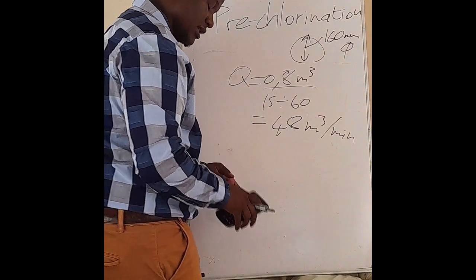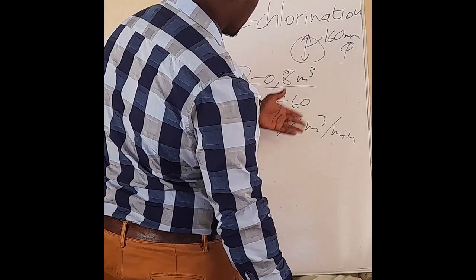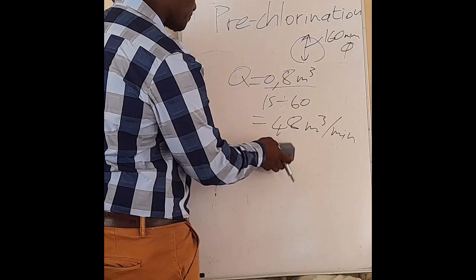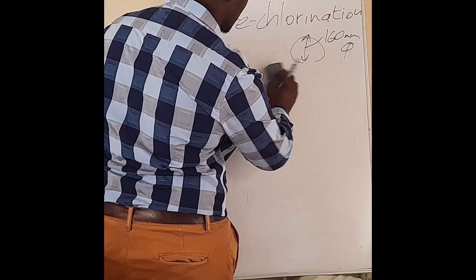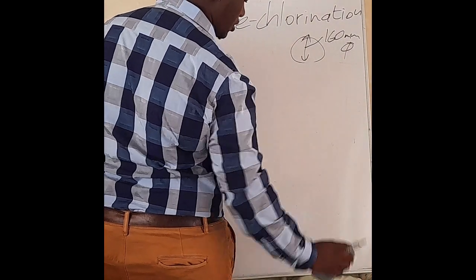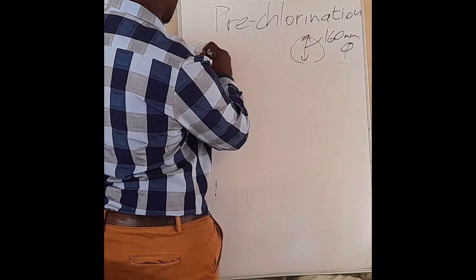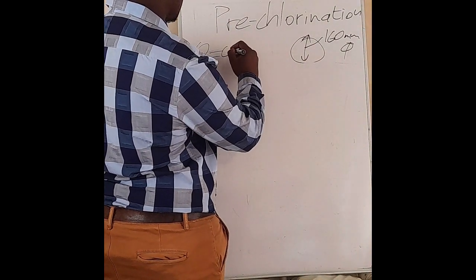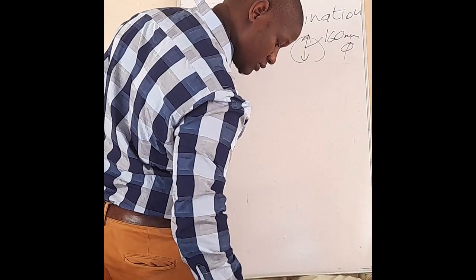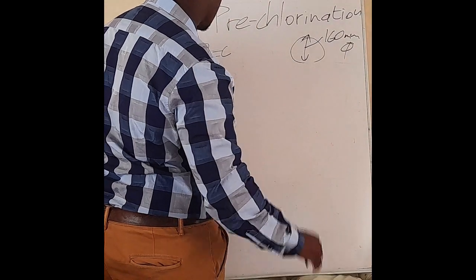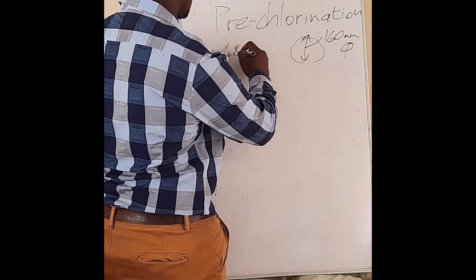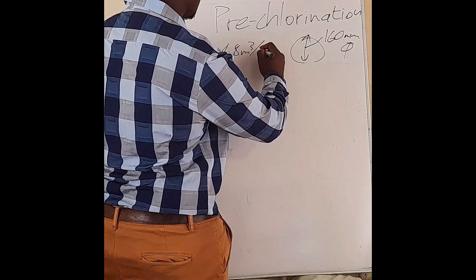Okay, so basically that is our flow rate, 48 meter cubed per minute. We'll just keep that in mind. We'll just jot it down. Let's say that's our flow rate as, what did I get now? 48. So it's 48 meter cubed per minute.